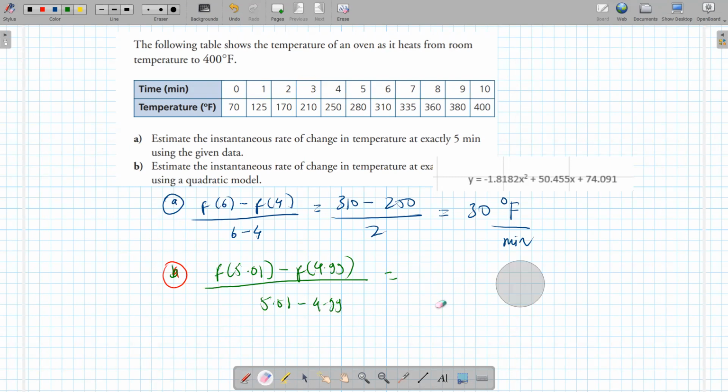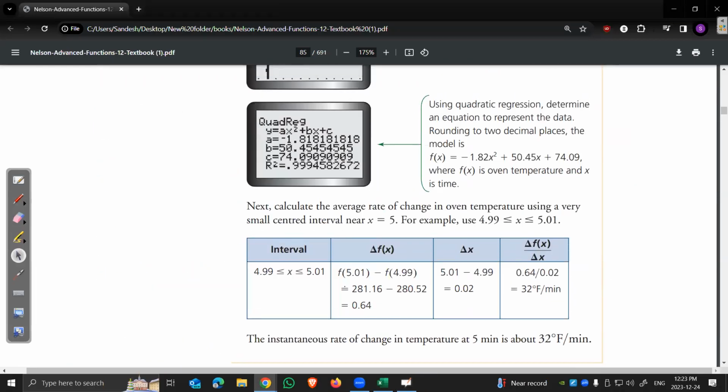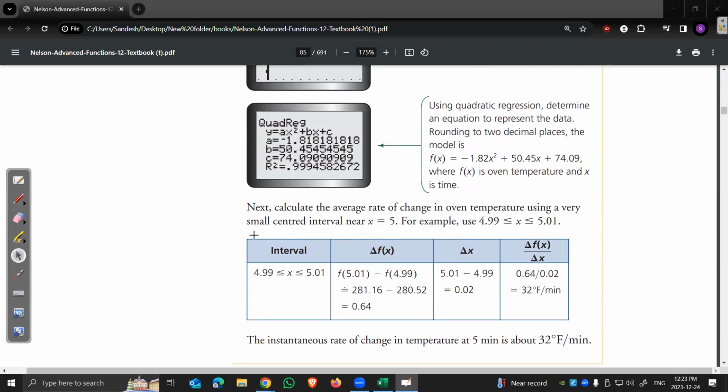Don't know if I plugged it in right, but this gives me a weird value, negative 14,748.88. Don't think I plugged it in right. Yeah, no, I did not.